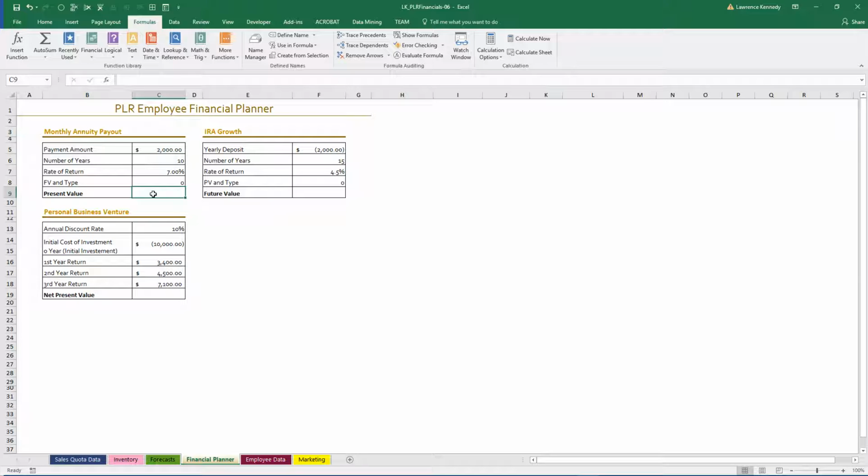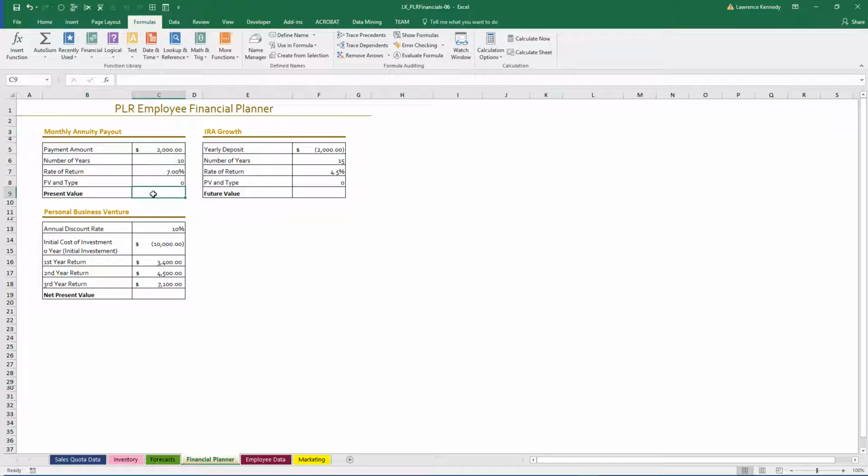And the net present value, or NPV function, calculates the net present value of an investment. So your initial investment here is 10,000, and you have a discount rate of 10%. And you have these yearly returns, this series of payments, and you want to know what the net present value will be of this $10,000.